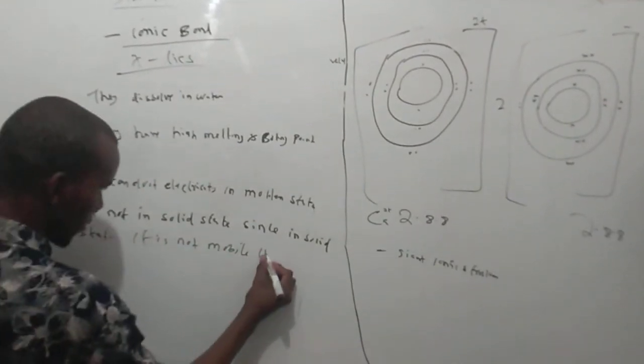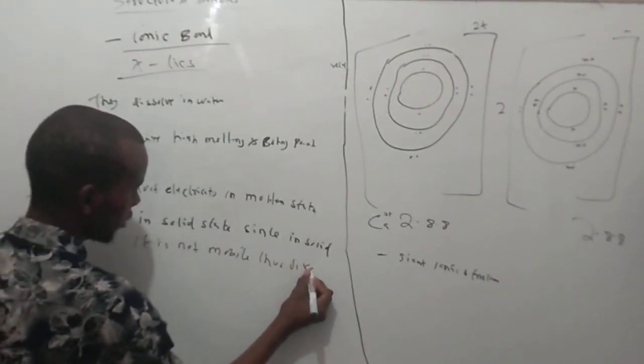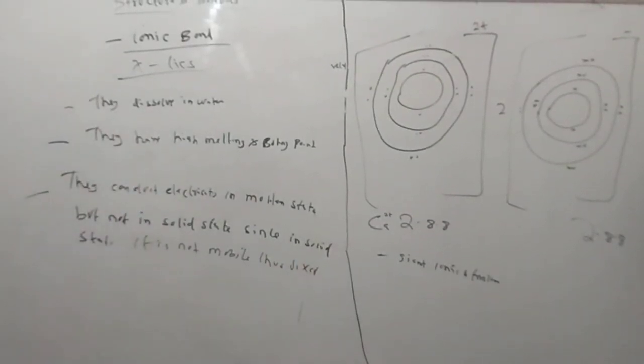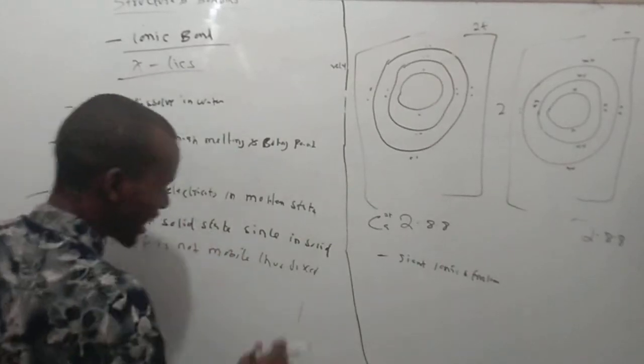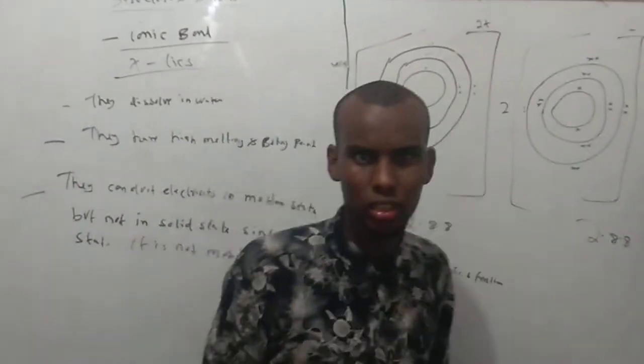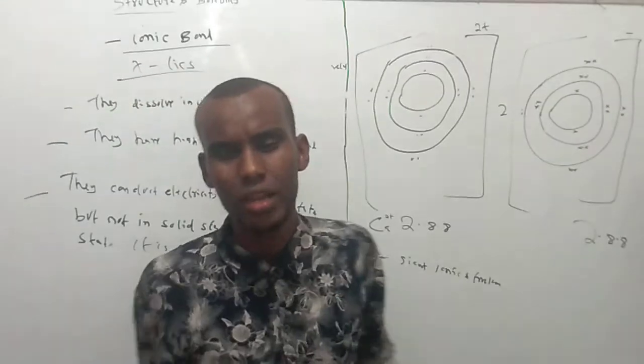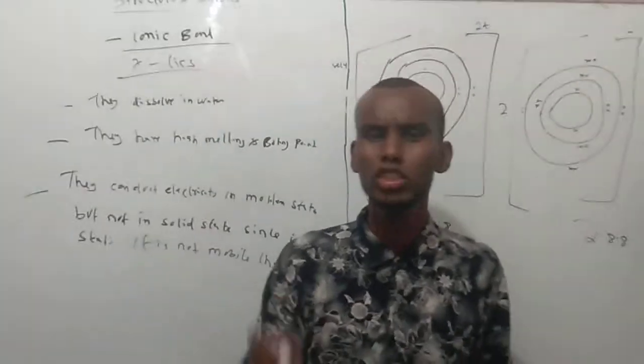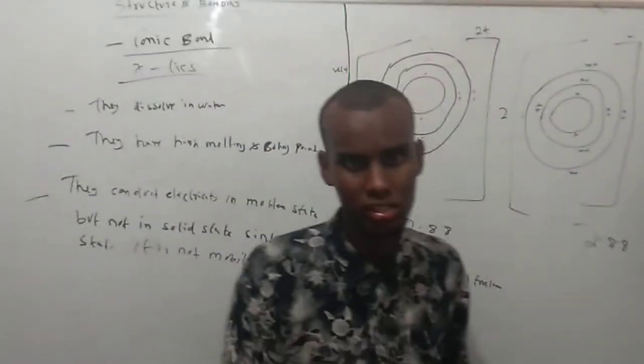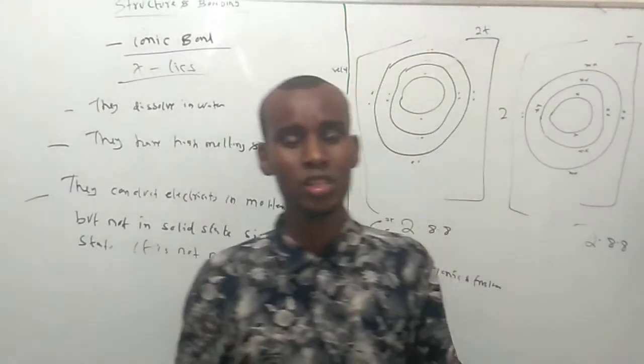It means the main reason why ionic bond conducts electricity in molten and aqueous state is because they are mobile, but in solid state they are not mobile, they are fixed. That is the last characteristic of ionic bond.